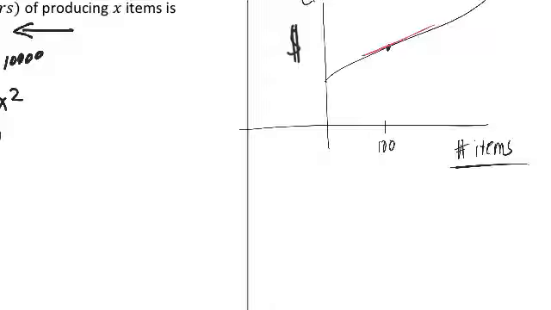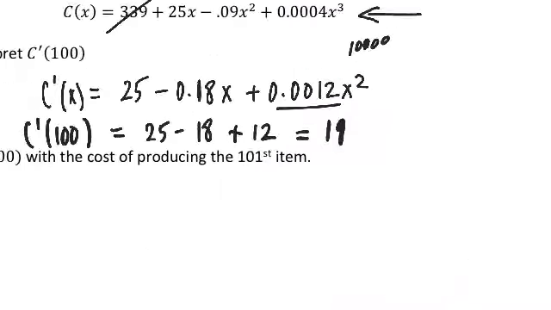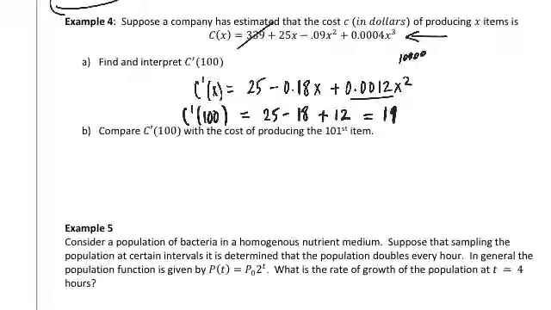So this slope is really in a unit of dollars per item. And so the meaning is that when 100 items are being produced, the cost of producing one more item would be $19. That's called the marginal cost in economics, and that is what it means.